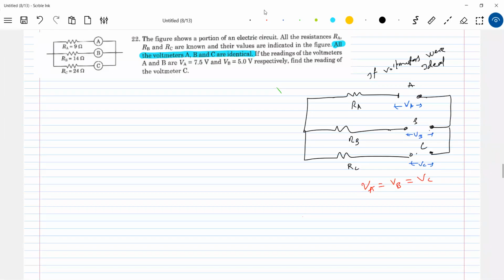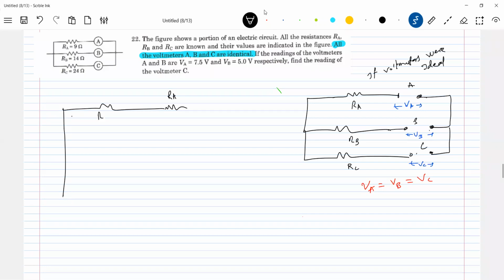Now come to the real problem. Looking at VA and VB, you're supposed to make a guess. This will have some resistance, so I'll write RA, not ammeter resistance.